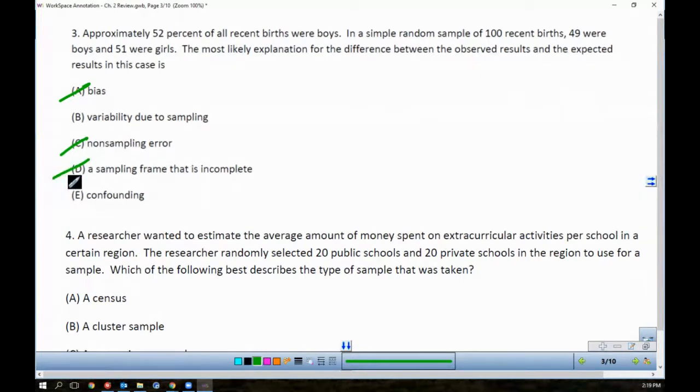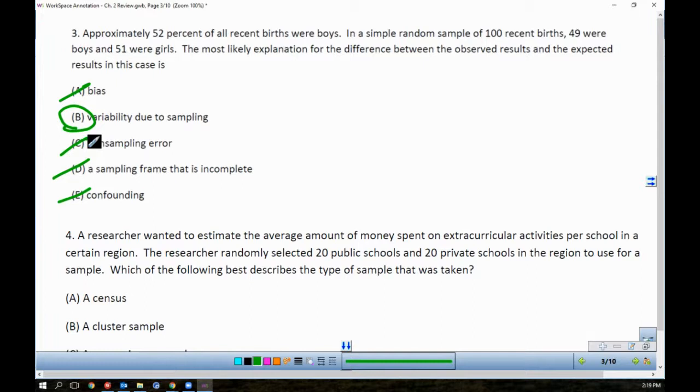Confounding variables. Does it tell us there's something in the water that makes it to where one person has a boy rather than a girl? No. So it can't be confounding. We're not going to say, oh, you went to this hospital, that means you're going to have a girl. So it's variability due to sampling.